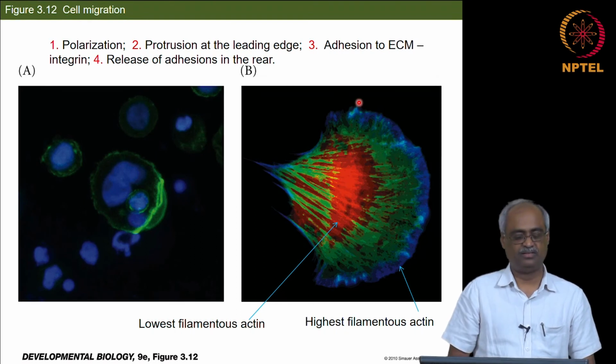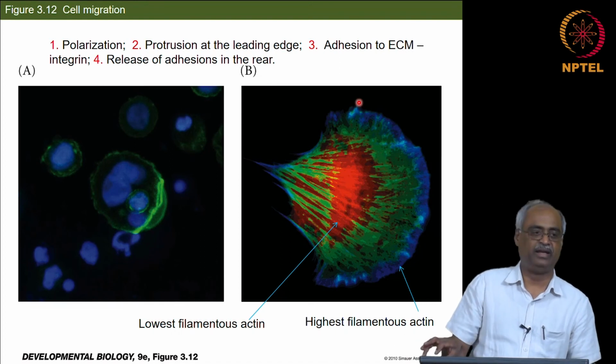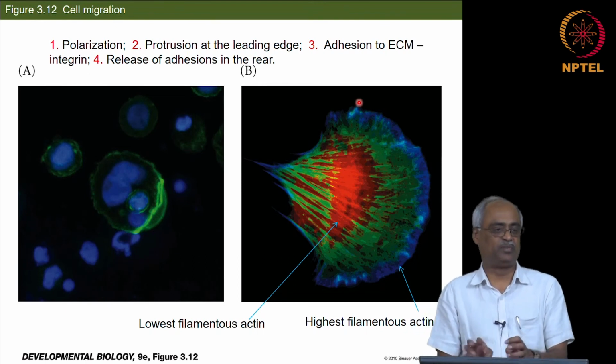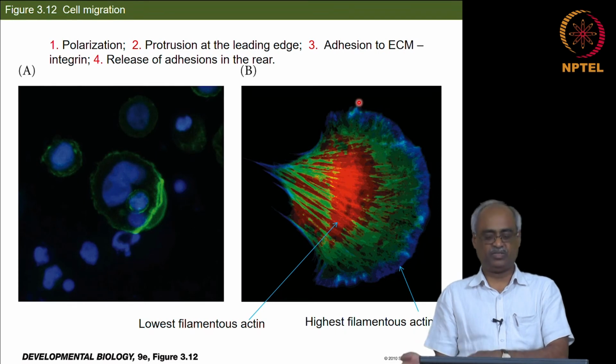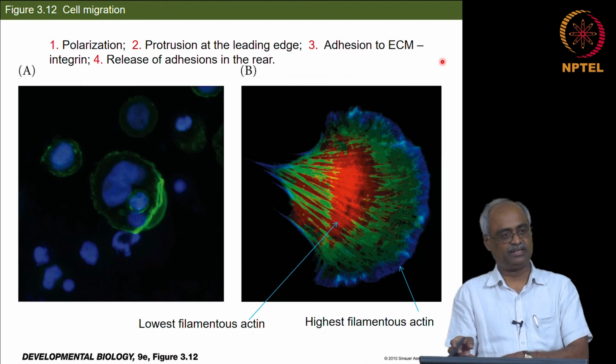First the cell will have to polarize, and then you have a leading edge, the direction in which the cell is going to migrate, where the cell shape changes as if it is going to make a protrusion there, a pseudopod kind of structure, and then that attaches to a surface, that is the adhesion to the extracellular matrix in that direction.